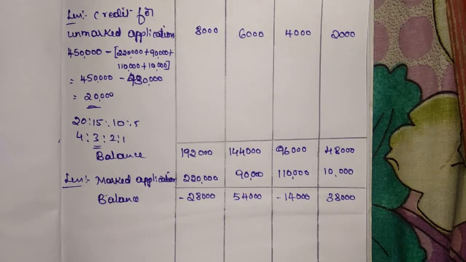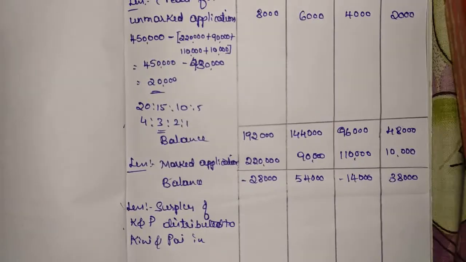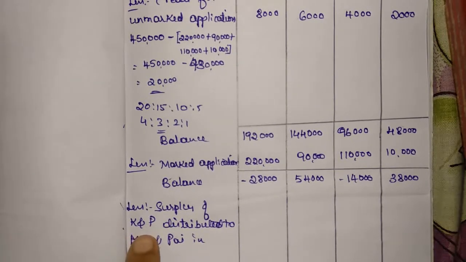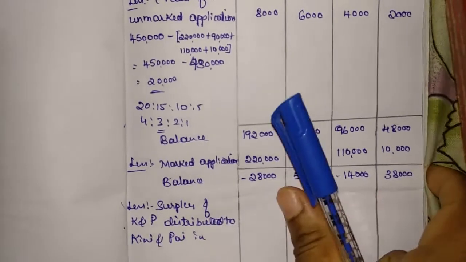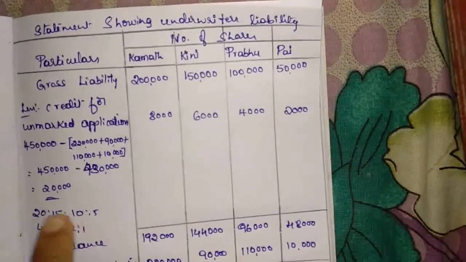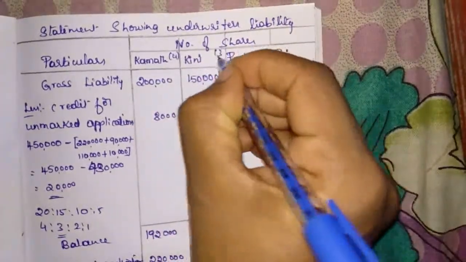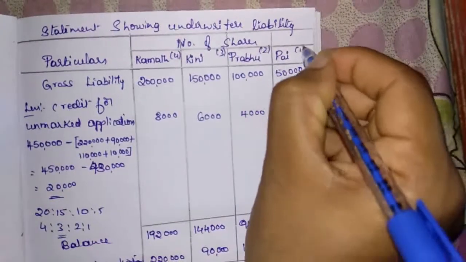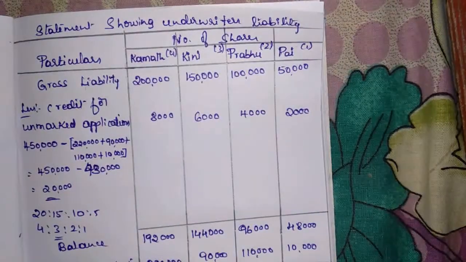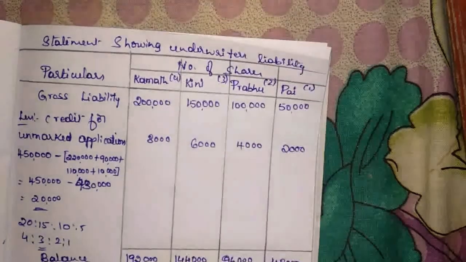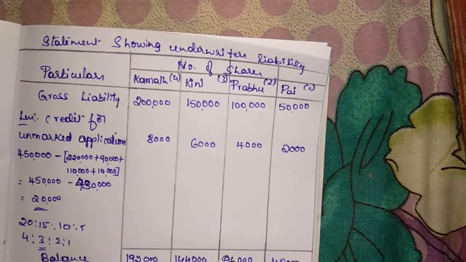We'll see how to share this. The surplus of Kamath and Prabhu is distributed to Kini and Pai. So what is the ratio? The ratio we calculated here is 4:3:2:1. This is the ratio, but the surplus of Kamath and Prabhu is to be shared among Kini and Pai.